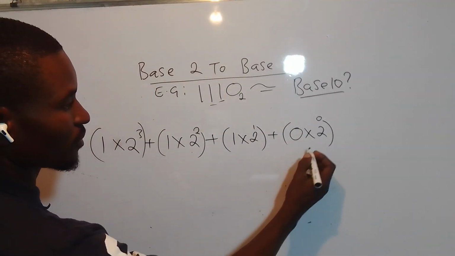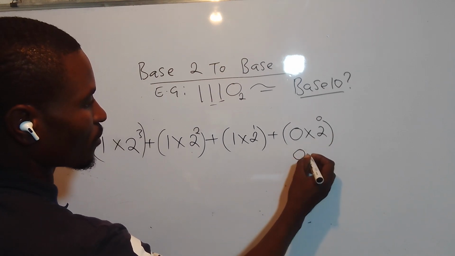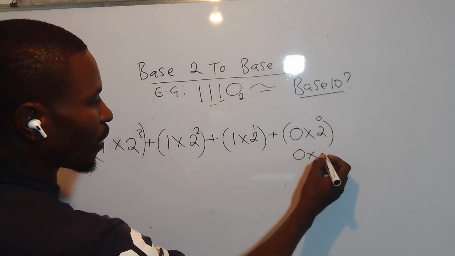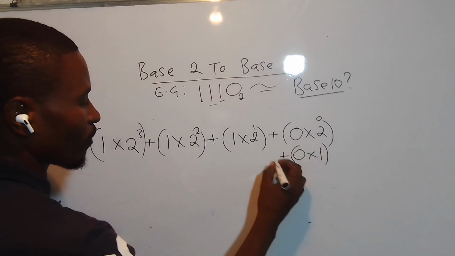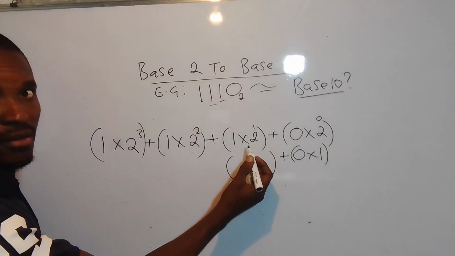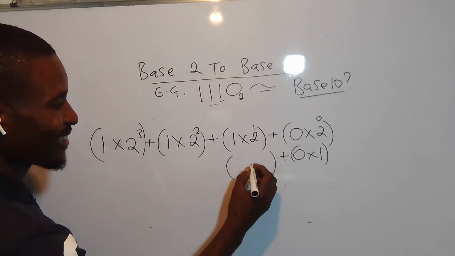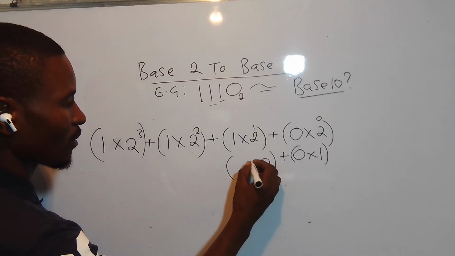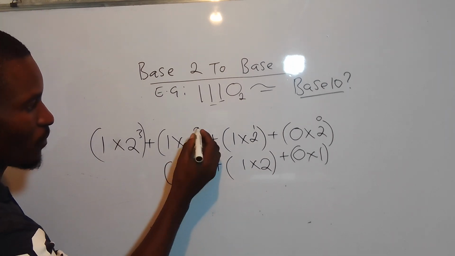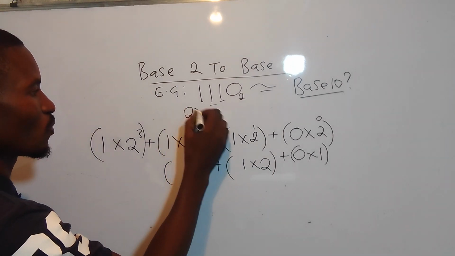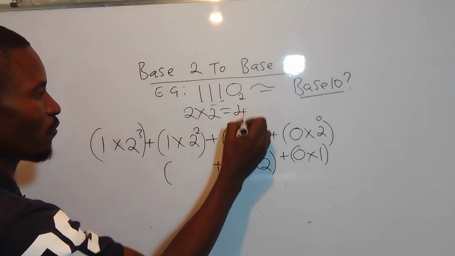So this is going to be 0 multiplied by 2 to the power 0, which is 1, since any number to the power 0 is 1. And then 2 to the power 1, any number to the power 1 is that number, plus 2 to the power 2, which simply means 2 times 2 equals 4.